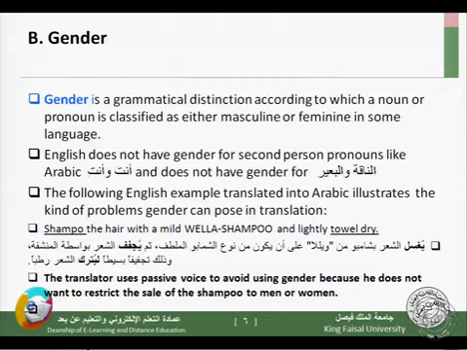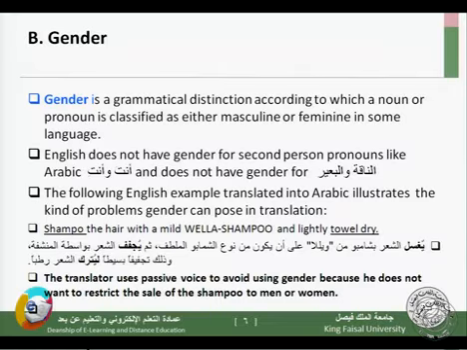This is a piece of instruction given to the customer, to the user of the shampoo. Do this, don't do this. Now, what it says here: shampoo the hair with a mild Wella shampoo and lightly towel dry. This is how English people speak. Shampoo the hair. Now here, they are addressing you.